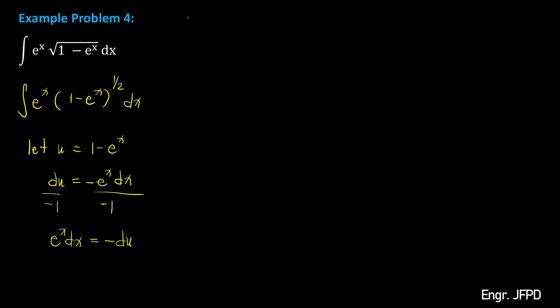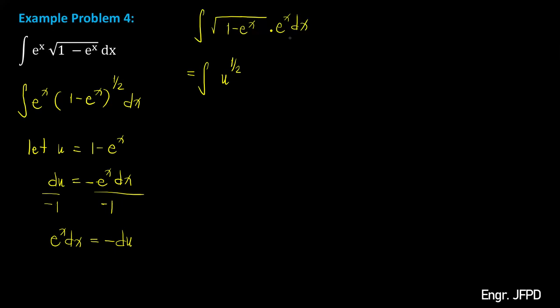For our equation, the integral of e raised to x multiplied by the square root of 1 minus e raised to x dx, this is the same as the square root of 1 minus e raised to x multiplied by e raised to x dx, wherein this is equal to the integral of, for the square root of 1 minus e raised to x, the same as u raised to 1 half, since u is equal to 1 minus e raised to x.